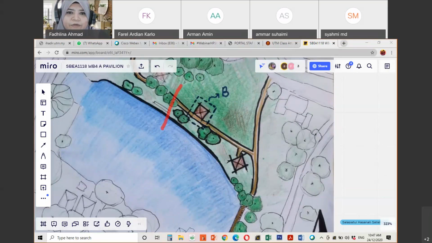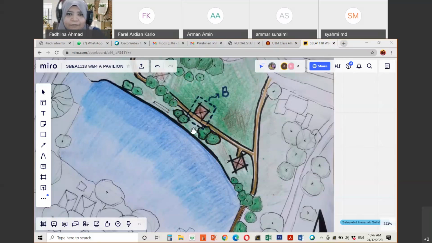So your site boundary can be here, and you can design on any of this side. It cannot be totally on the water. It should be mainly on land but partly on the water. You can do whatever you want, based on what you have studied.